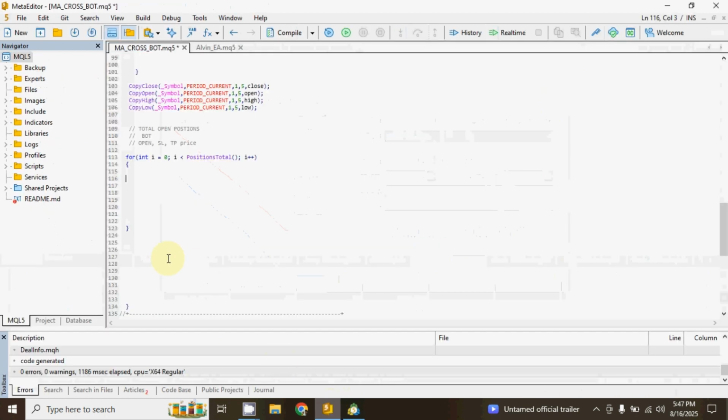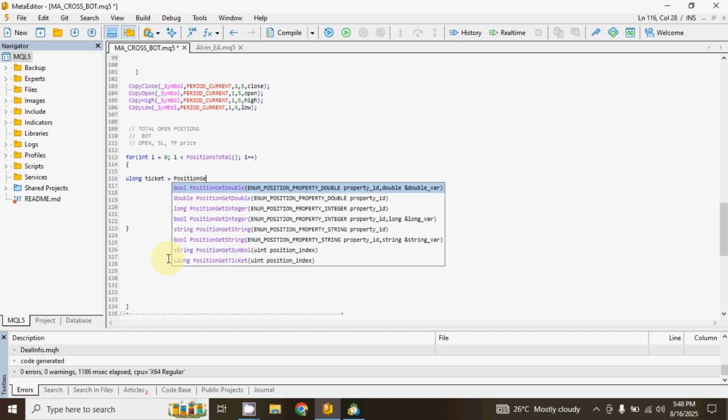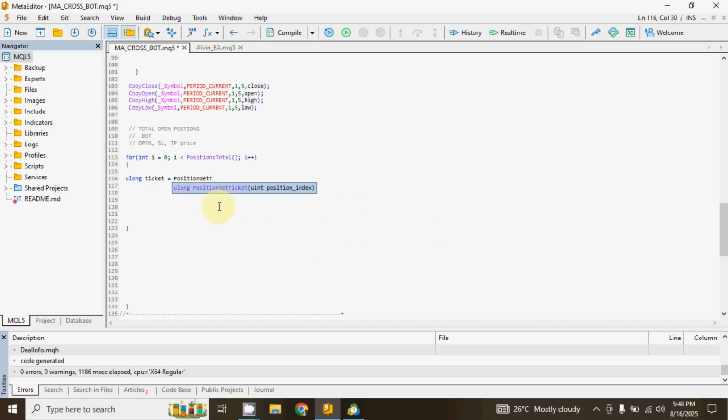So now the ticket is usually ulong. Declare a ulong variable, then name it tickets equals, then the function to get the ticket of each position is PositionGetTicket.